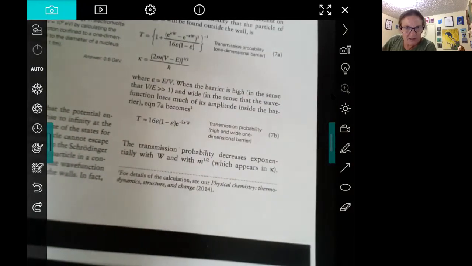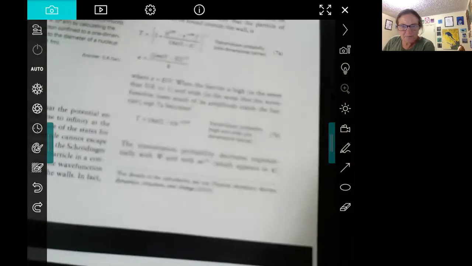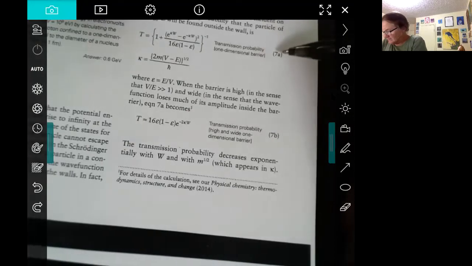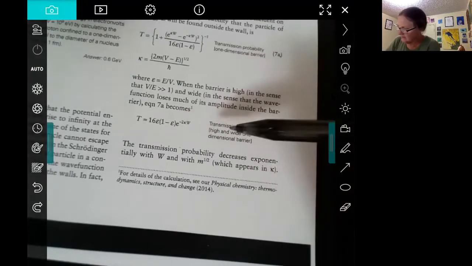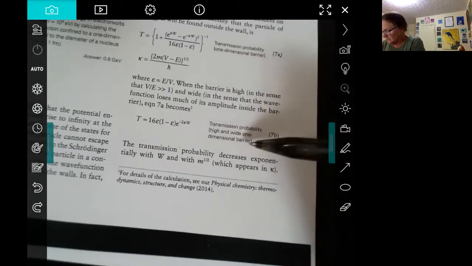which I'm going to use a simplified one because that equation has a lot of variables in it. Oh, there we go. That's better. Okay, so the exact equation is this one here, but if the V and the E aren't too far apart, this one will work.